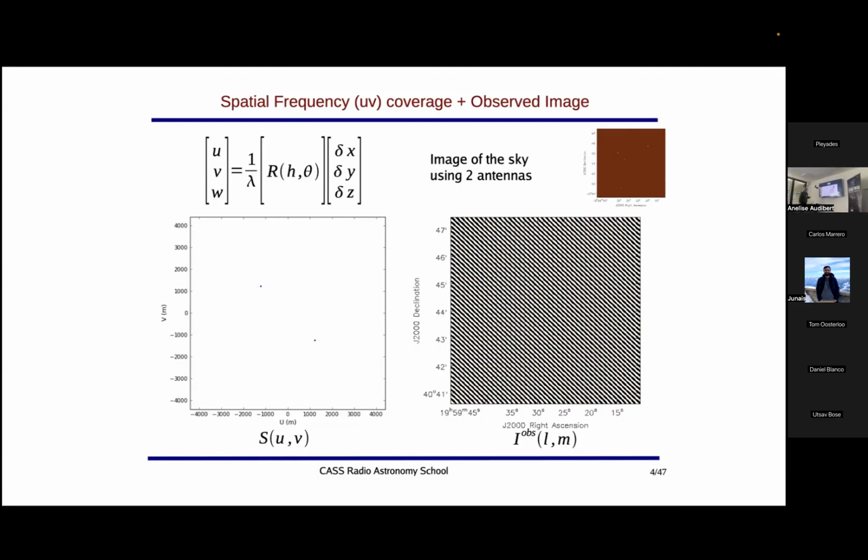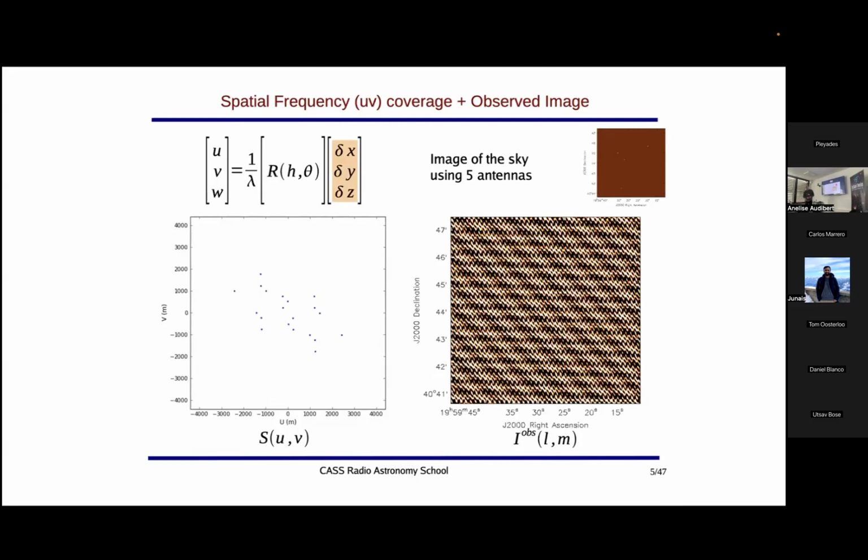Here we have two antennas, one measurement, say one integration time, 10 seconds, that's it. So this is the UV point of the measurement, and this is the offset emission, and it generates this two-dimensional sine wave on the sky. With 5 antennas, I created 10 combinations, plus, of course, the symmetry, so there are 20 points here.